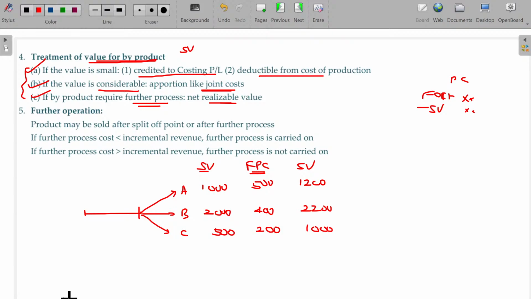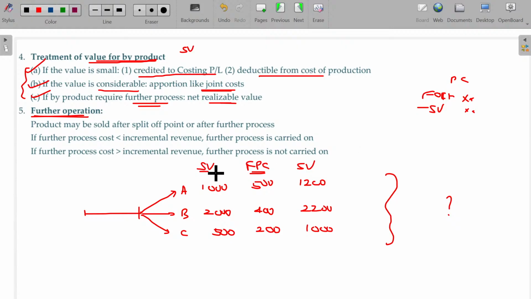Now come on, tell me, among the three products, which product can be processed further? Do we do further process or not is the question. In that case, how can you answer? Okay, what is the further revenue?